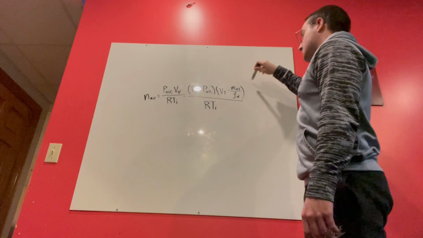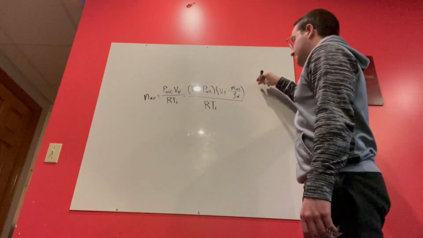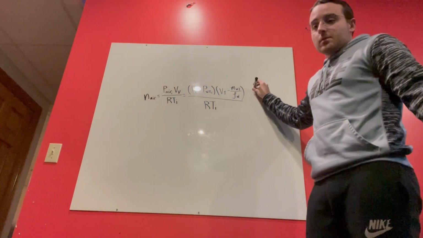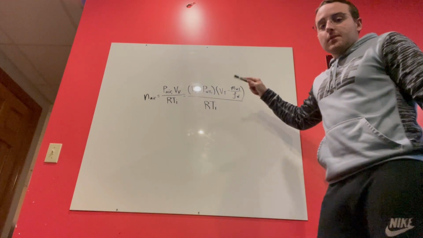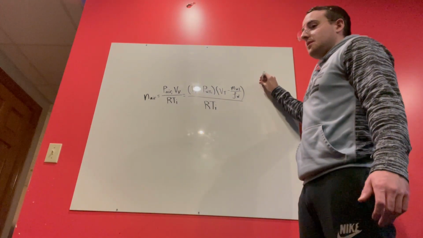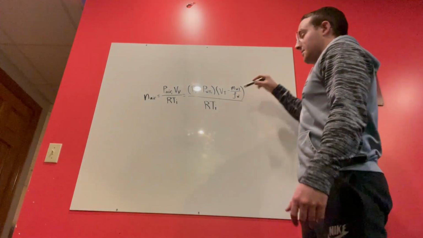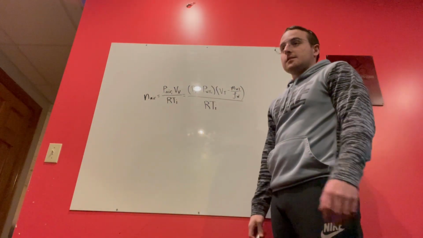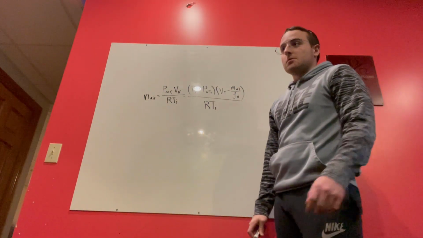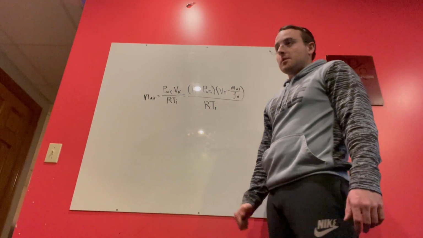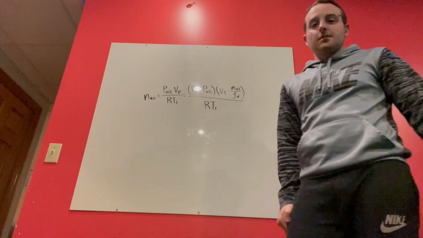But at the initial temperature, there's no water in the vapor phase. So that's why that was wrong. And I'm pretty sure somebody asked it in class. And that's why I caught it, because I was rewatching one of your videos and I noticed that I got something a little bit different.